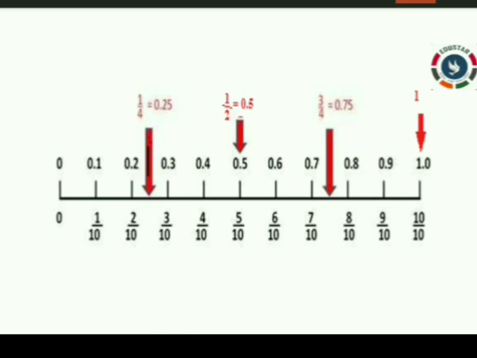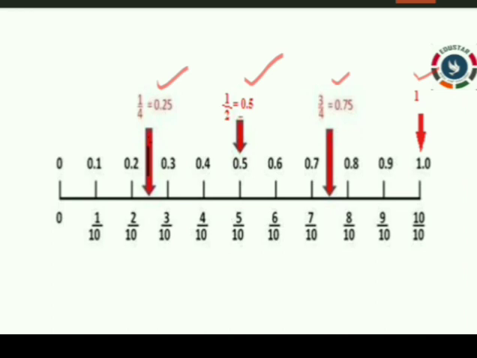This is the number line for 1 by 4, 1 by 2, 3 by 4 and 1. Already I have explained you, right? 1 by 4 is equal to the decimal number 0.25 and 1 by 2 is equal to 0.5 and 3 by 4 is equal to 0.75 and 1 is equal to 1. These four decimal numbers lie in between 0 to 1.